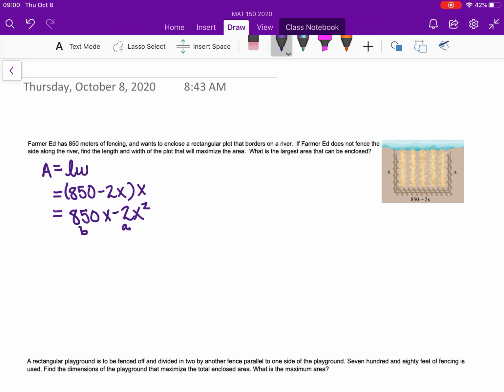So the first part of the question asks the width. So all we're going to do is find the maximum here. If you find a maximum on your calculator, I would never know the difference. Or you can do negative b over 2a, which would be negative 850 over 2 times negative 2.